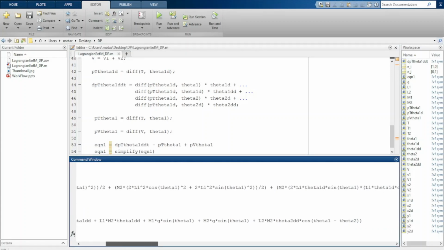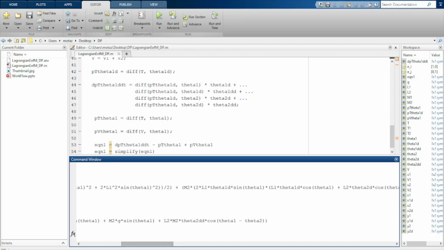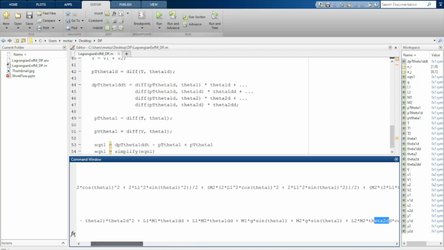But this is what I was mentioning earlier, that the first equation of motion has theta 1 double dot and theta 2 double dot terms. See, here's a theta 2 double dot, and here is the theta 1 double dot. So we cannot yet plug that directly into our ODE 45.